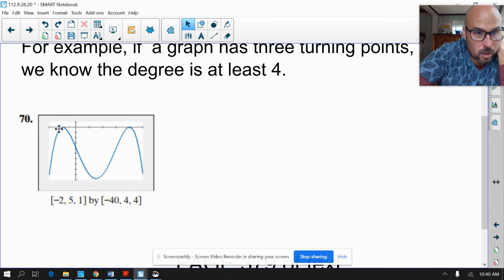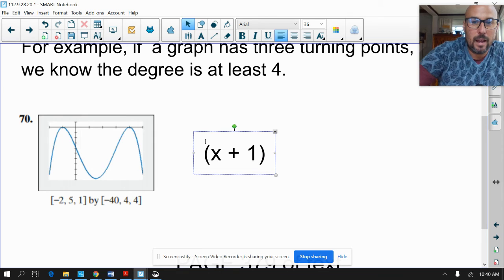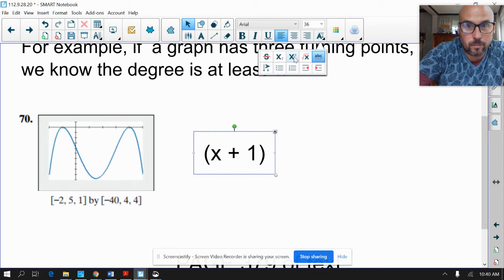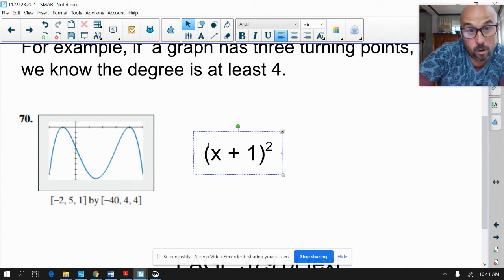But this 0 is negative 1. And since it's tangent, that negative 1 occurs twice. So I could write this as a factor. That negative 1 as a 0 is acting twice, or any even amount.